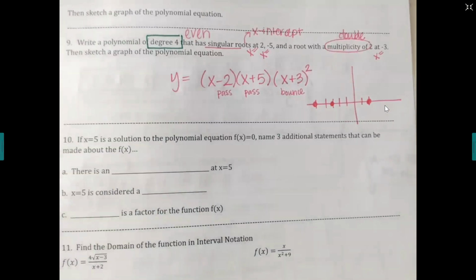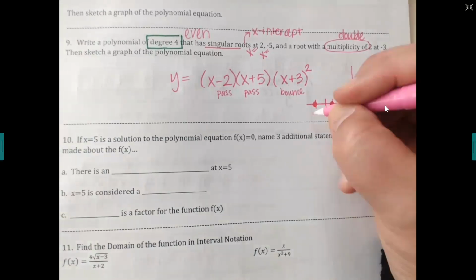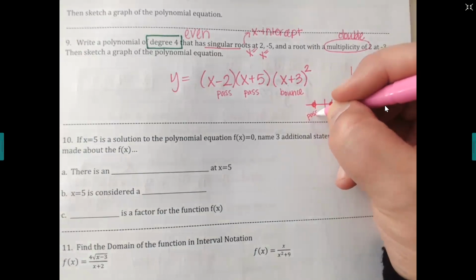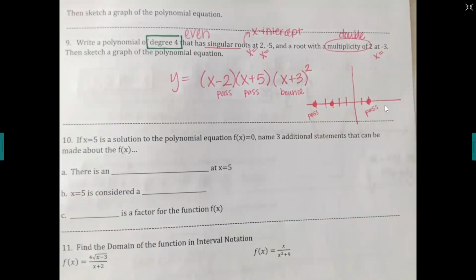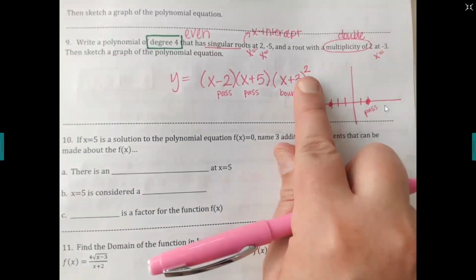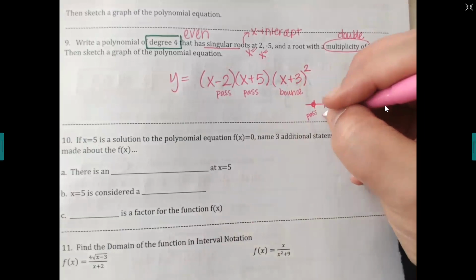Then I'm also going to label which type each one is. Which ones were my singular roots that should pass? Okay, so this is a pass, and this is a pass. And then how did I know that the 3 was the bounce? Because it has what on it? Squared.